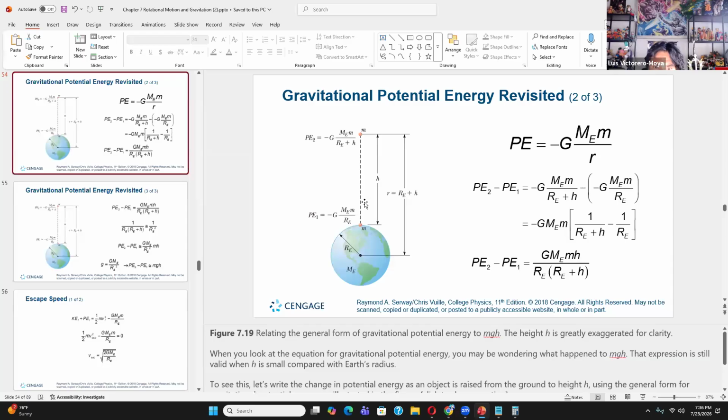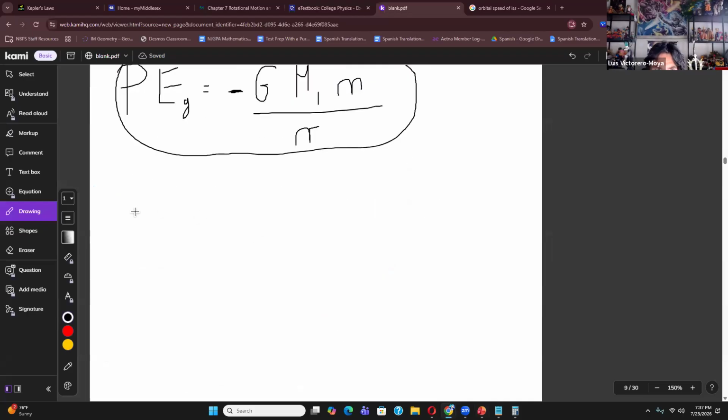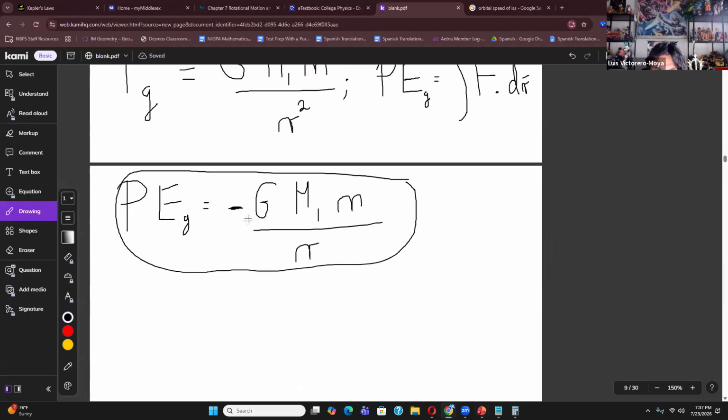So you go from one point to another point. Okay. So at the end of the day, the major equation is this. Well, you already know this, right? So let's write down here what you need to know. Potential energy, where R is the distance between the objects.